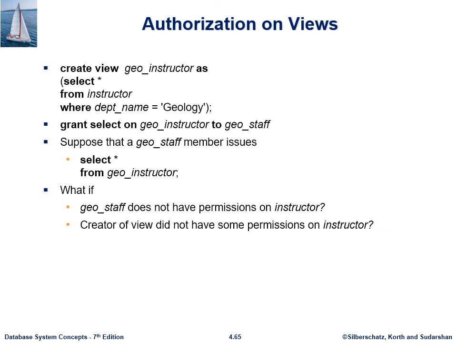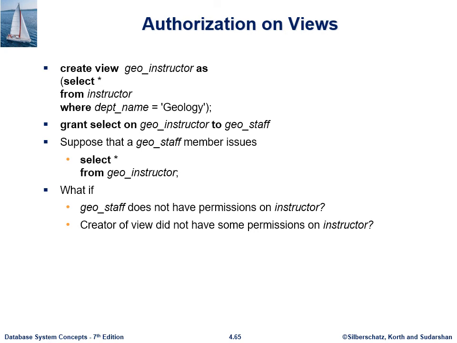Maybe all the staff in the geology department have access to the salaries of all the geology department instructors. So we may already create a view for this one. That will be select star from instructor where department name equals geology.